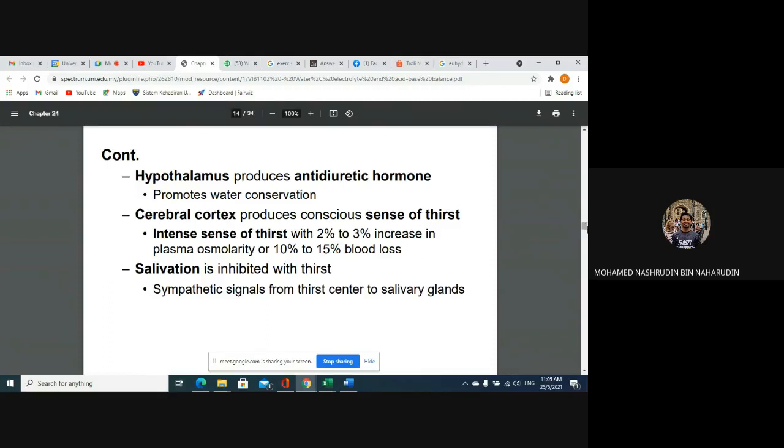When your mouth is dry, it will demand more fluid intake orally. It's wise enough, the way God has created the body to respond to low water level. The brain will ask the mouth to stop salivation, and when it stops, your oral cavity becomes dry. When it becomes dry, of course, you will seek fluid to wet your mouth.